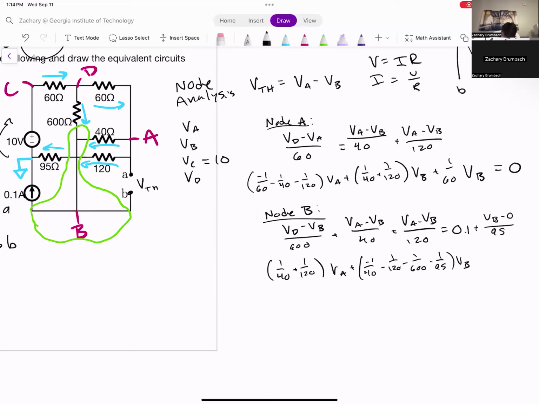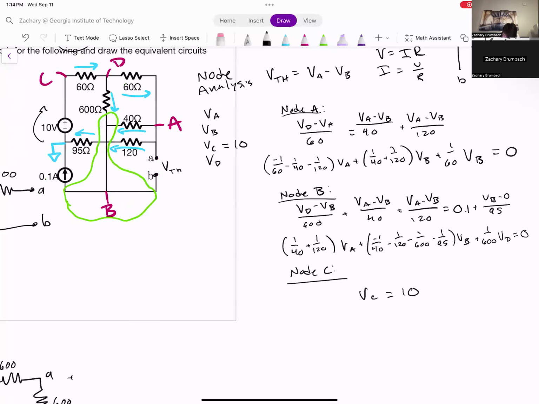And this is plus 1 over 600 VD is equal to 0. And that's node B. Node C, VC is equal to 10. Much easier. Last one is node D.